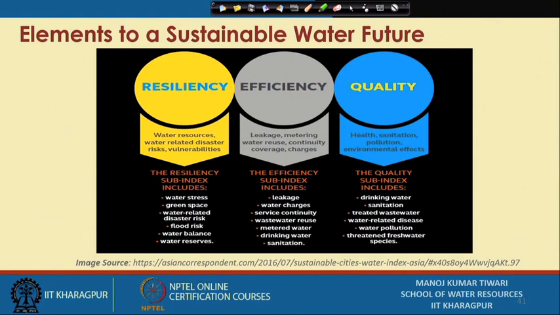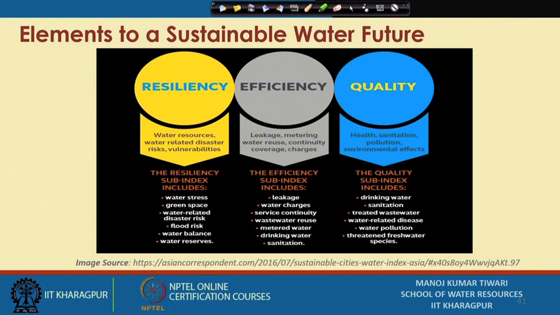The quality perspective talks about the quality of water, which covers the health perspective, sanitation perspective, pollution perspective, and environmental impacts, while resiliency talks about the quantity perspective of the resources particularly. So, what are the water resources, what are the risks related to floods and droughts, water related disaster risk, then vulnerability of the water resources in terms of quantity particularly.